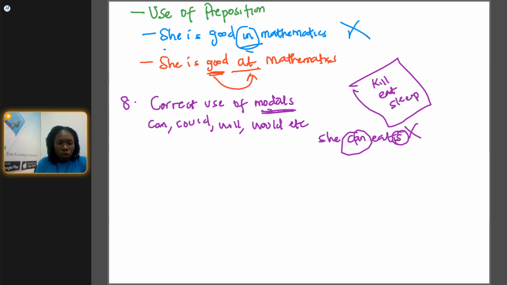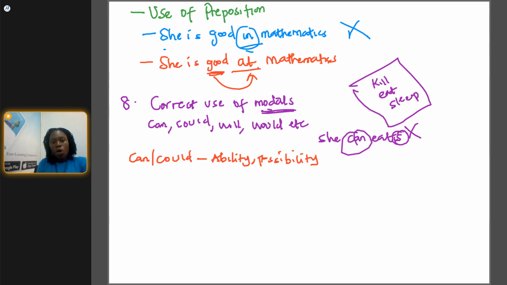So let's start with can and could. Usually they show ability or possibility.